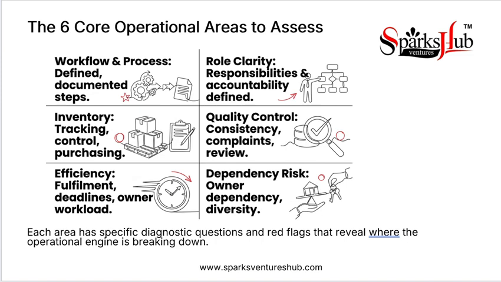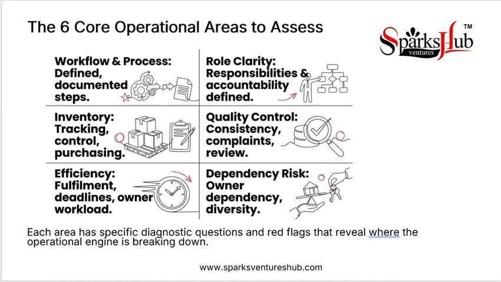The fifth pillar is time management and efficiency. Ask your SME client, how long does it take to fulfill an order? Are deadlines missed? Does the owner feel overwhelmed? Red flags include chronic delays, poor planning, and owner burnout.